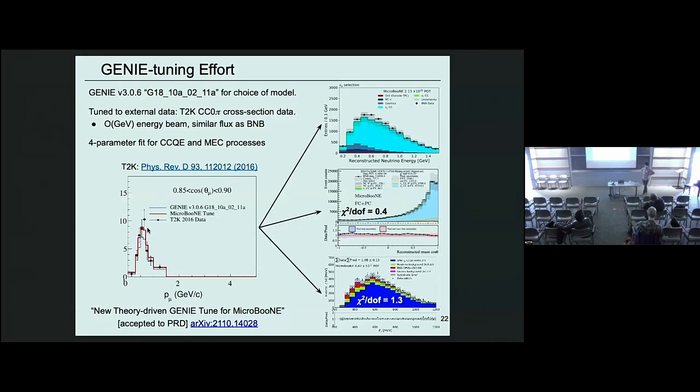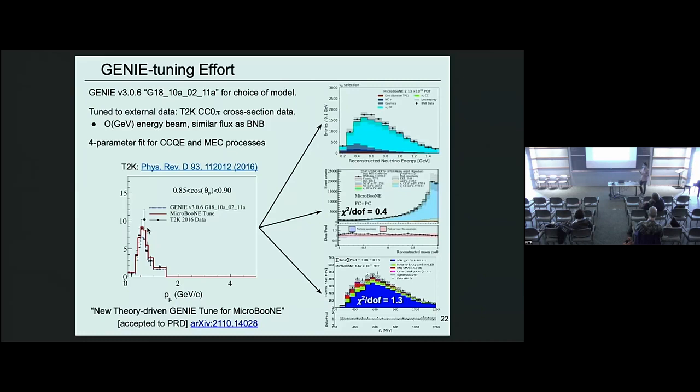Beyond that, what I think we've learned from this is that we've tuned these 4 parameters together in a way that, when we make inclusive comparisons, allows us to overall get a decent agreement.